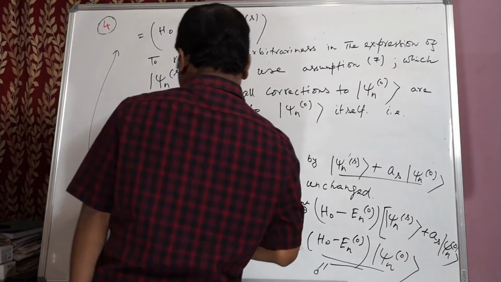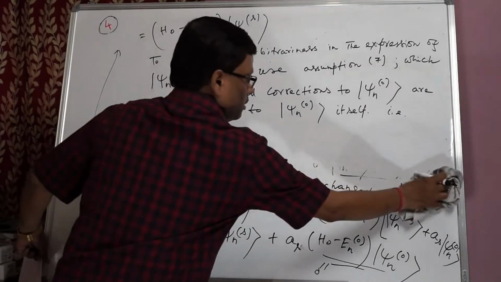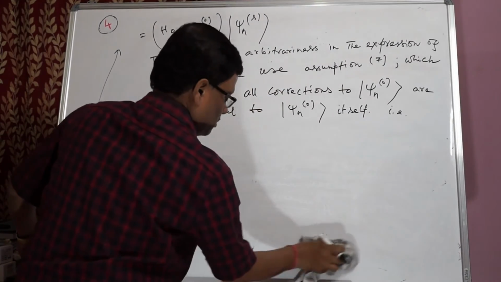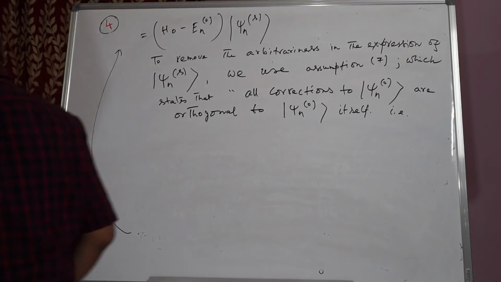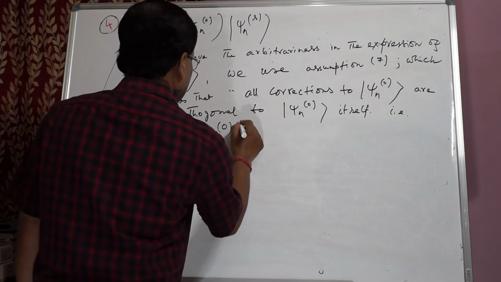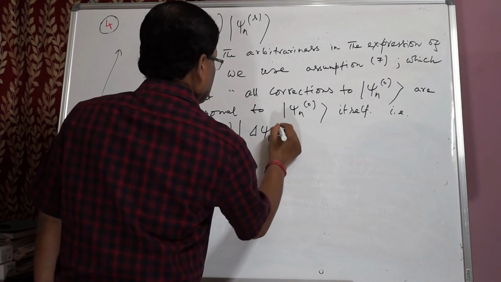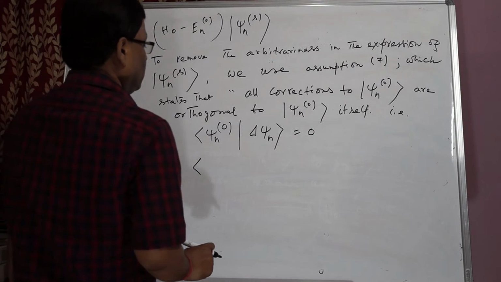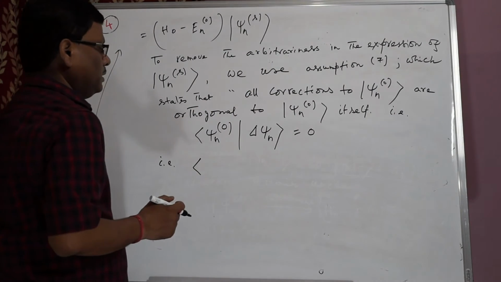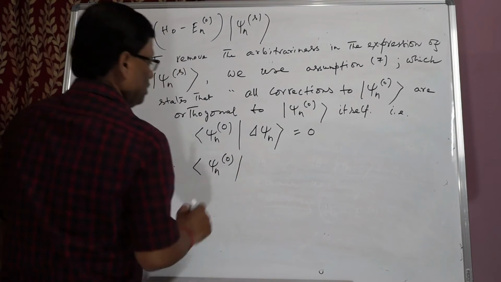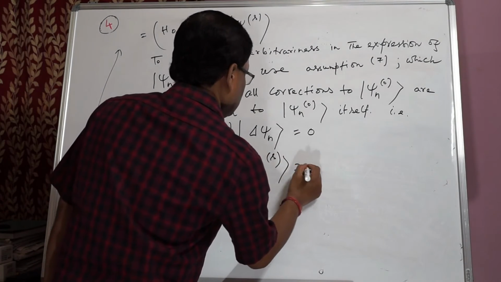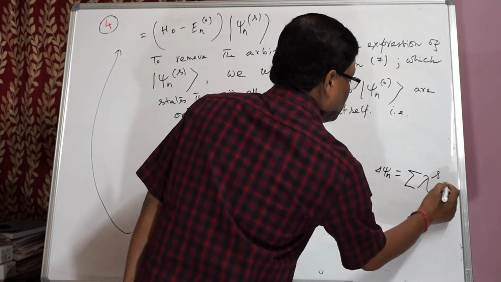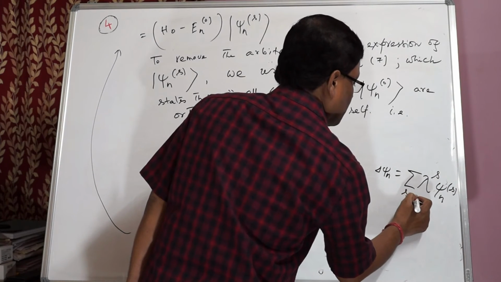That is, psi n0 del psi n is 0. That is, since del psi n can be expressed as the linear sum of all lambda psi ns, I can write psi n0 psi ns is equal to 0, since del psi n is the linear sum of lambda to the power s psi ns, s equal to 1 to infinity.